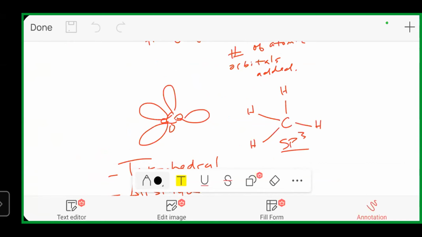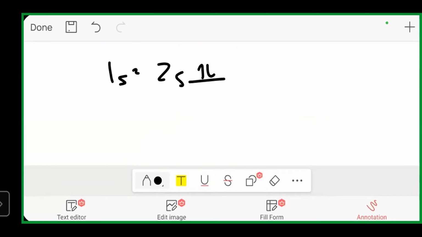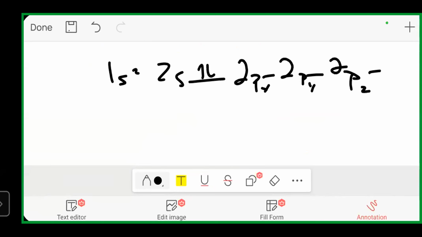Any questions about that? So now we're going to turn our attention to the sp2 hybrid, and let's look at that. We're going to take the same set of orbitals: 1s, 2s, and then 2px, 2py, and 2pz, and each one of these has 1 electron.